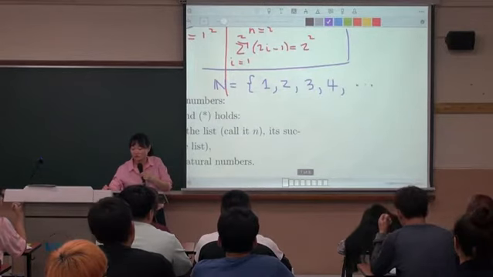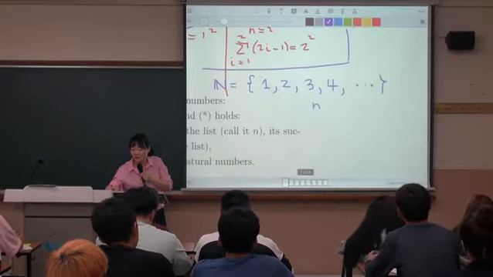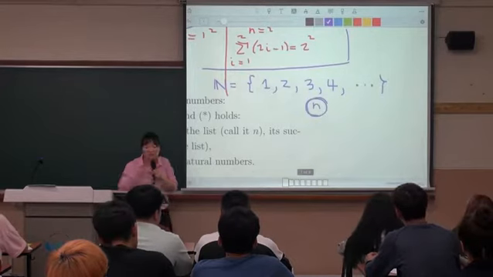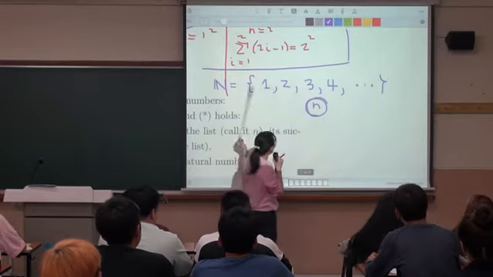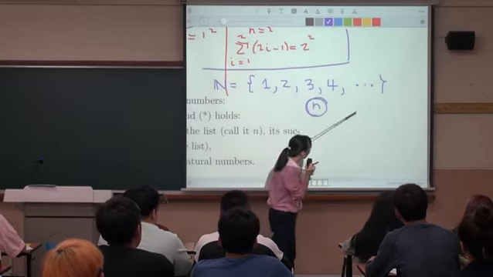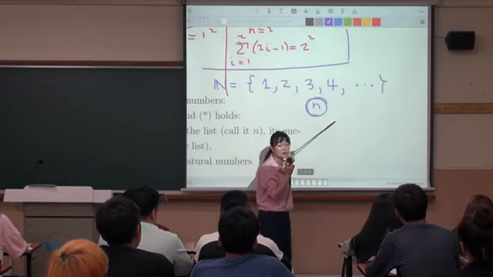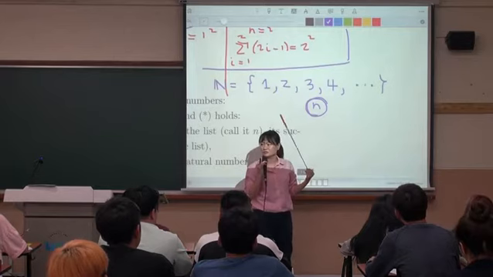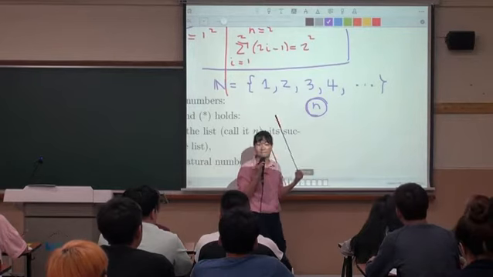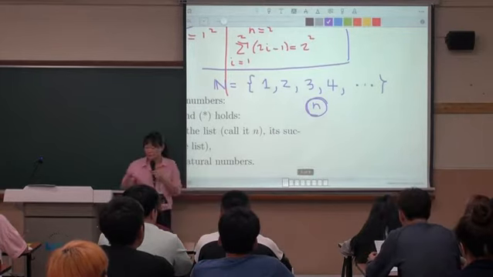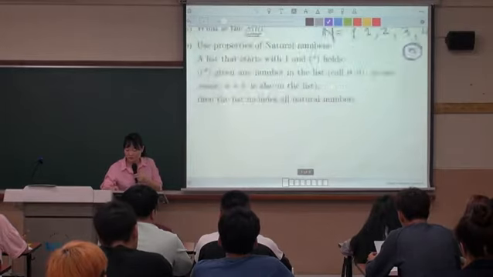If this is true for any arbitrary n that I choose from this set, and if n plus 1 is also in the set, then I generate all natural numbers.